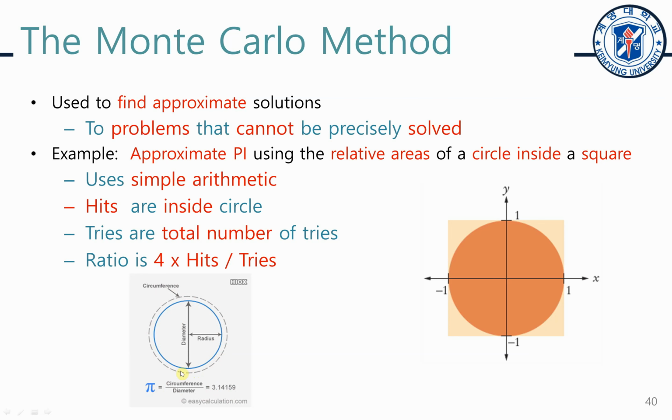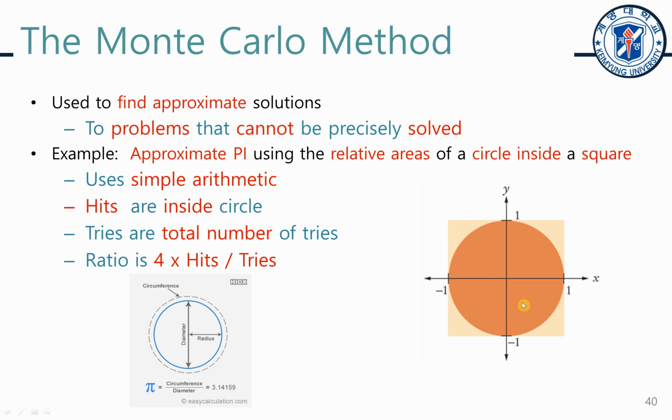So, for instance, you can create a circle with a radius of 1 unit, and then if you throw some kind of dart in this circle, some of the darts you might miss, which means the dart you throw can be outside of the circle, and some of the darts you throw will be inside this circle.